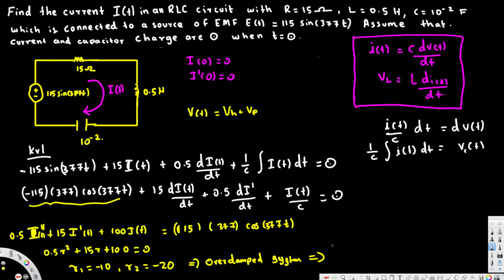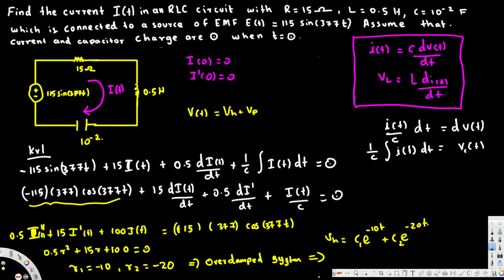V homogeneous is going to look like this: C1 e to the power negative 10t, plus C2 e to the power negative 20t. Okay, two different constants, and this is going to be a homogeneous solution.